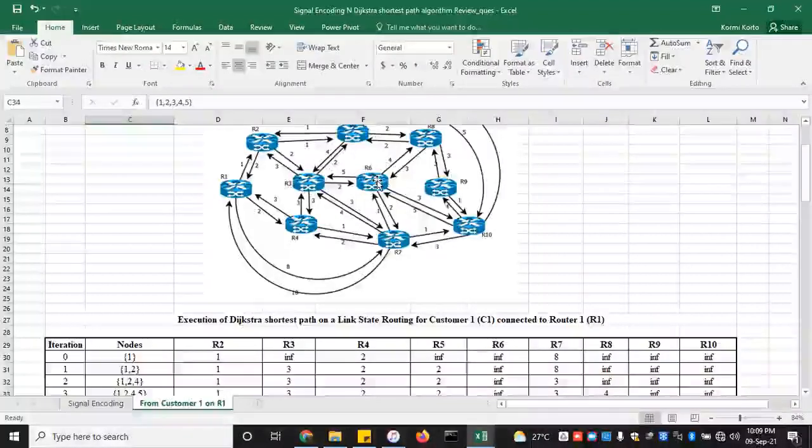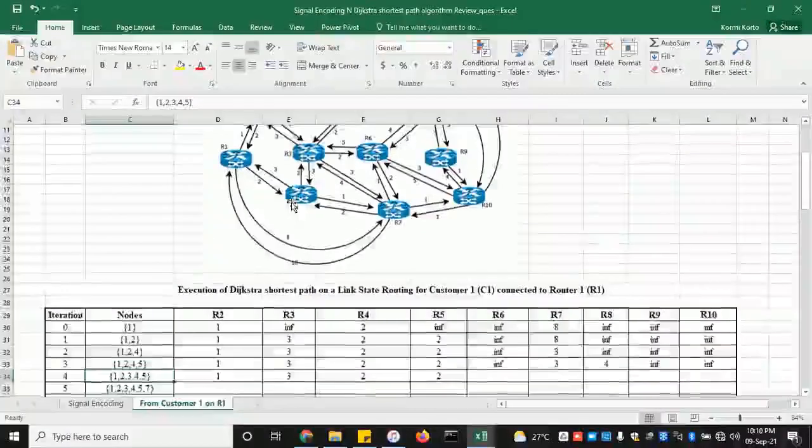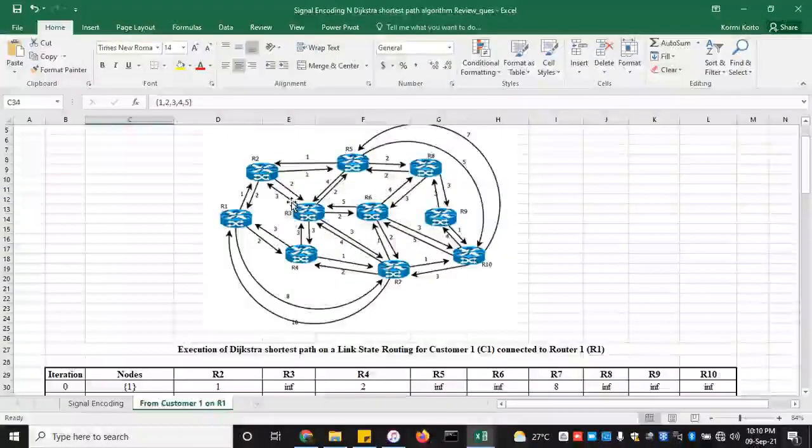So we do have a number of options over here. If you do the math properly, to get to 6, we can go from 1 to 2 to 3 to 6, or we can go from 1 to 4 to 3 to 6.